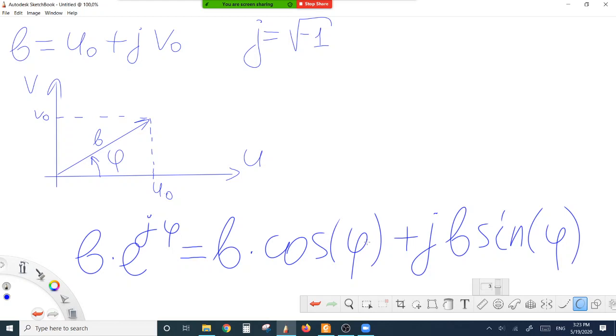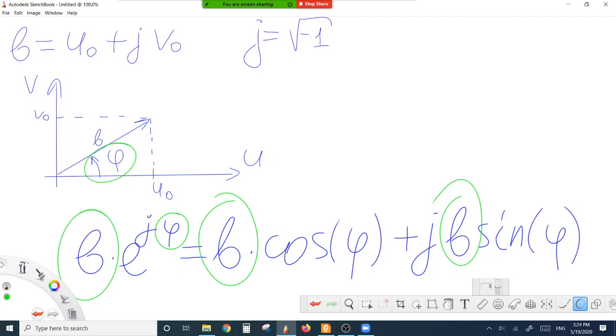You are already familiar with this notation? Here b is the magnitude of our vector, and phi is the angle between our vector and the real axis.